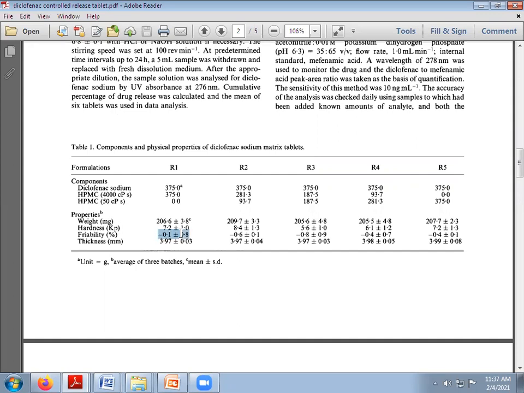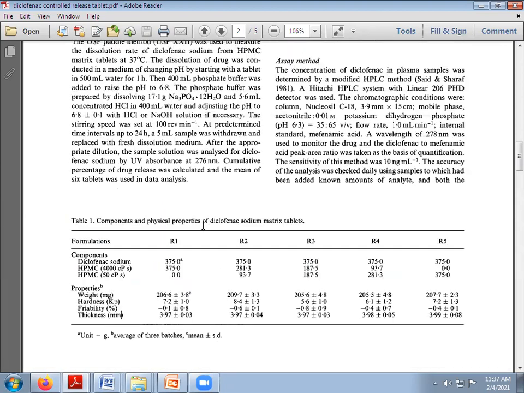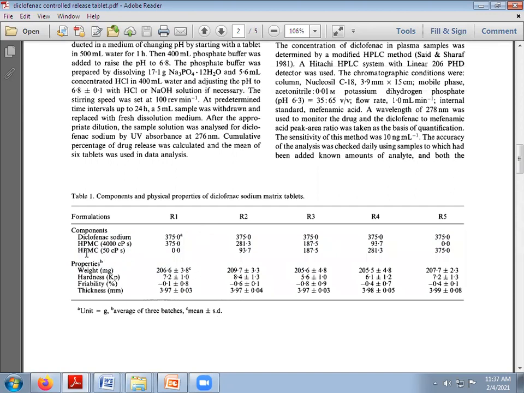Here the friability is 0.1, 0.06, there should not be a minus sign, then 0.8, 0.4, and 0.4. So again there is variation when we increase or decrease the concentration of the binders. This paper states that when the concentration of the binder is varied, it affects the hardness and friability to a greater extent.